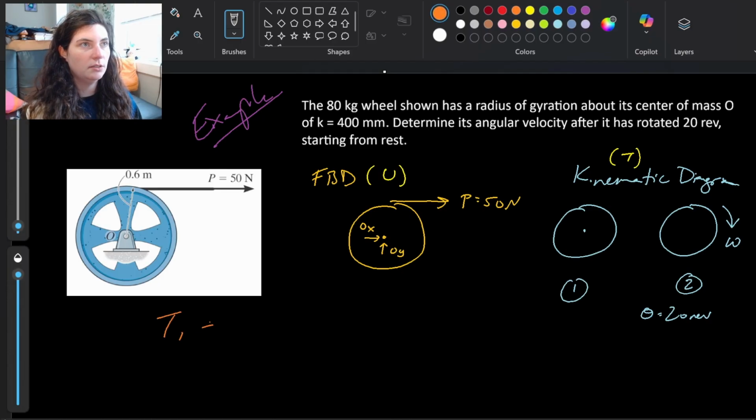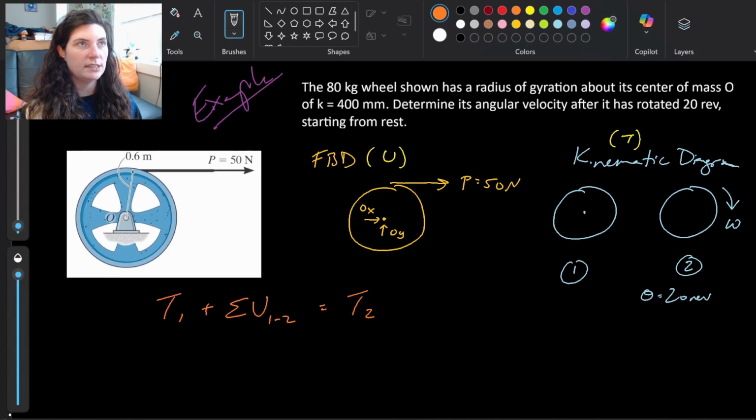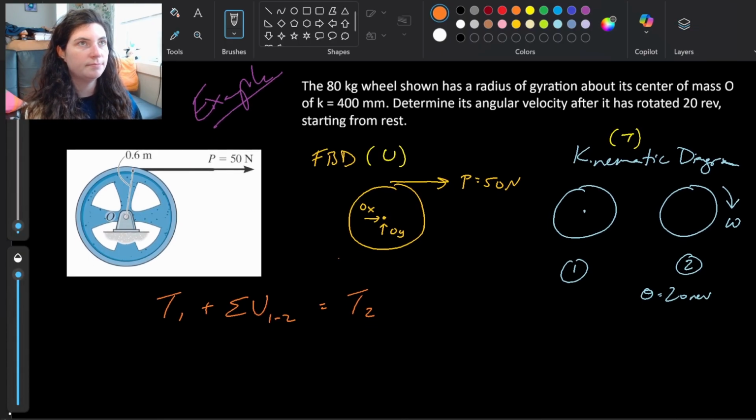So T1 plus the summation of my work 1 to 2 equals T2. Let's look at each individual part of this before we put it together in this equation. T1 is going to be 0, right?